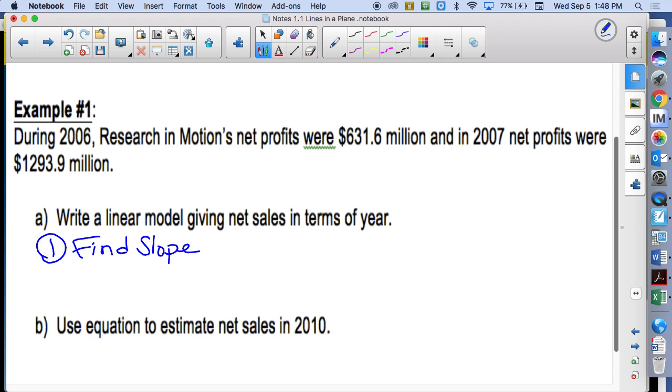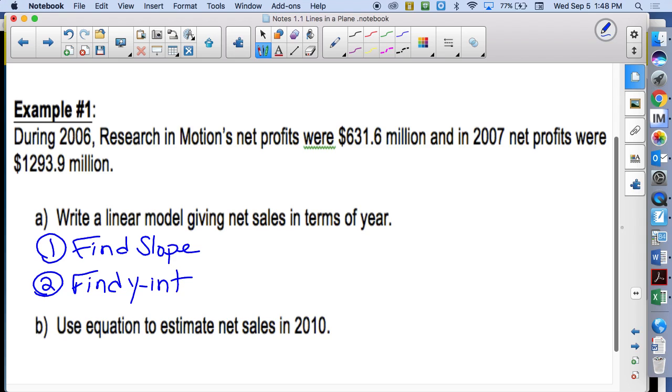Anything else important besides slope? How about the y-intercept? It's probably important too. So we'll need slope and we need y-intercept.